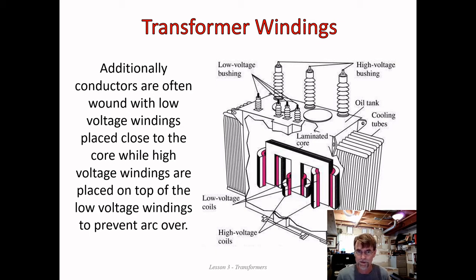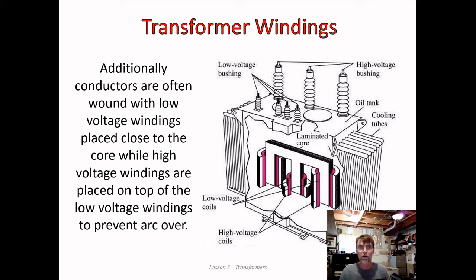For most transformers, however, we do want to change the voltage, and so one coil must be different than the other. And we'll get to the details, but what it means is there are fewer windings. The number of turns in the coil determines the voltage of the coil, one compared to the other. So we can label our two windings the high voltage winding and the low voltage winding.